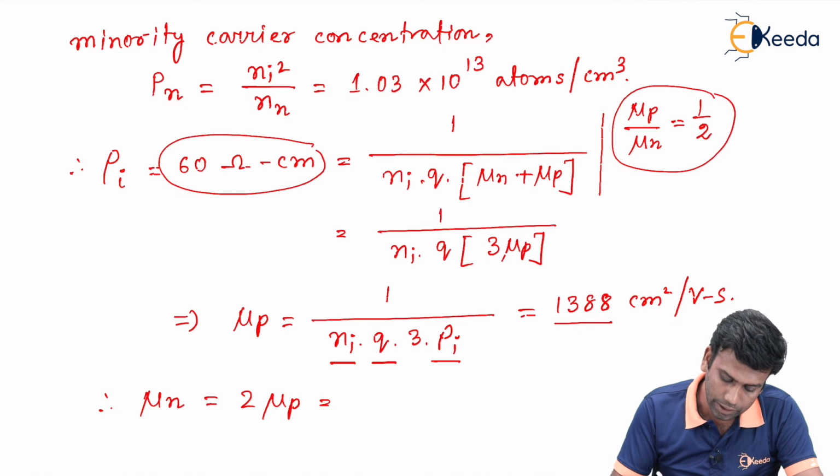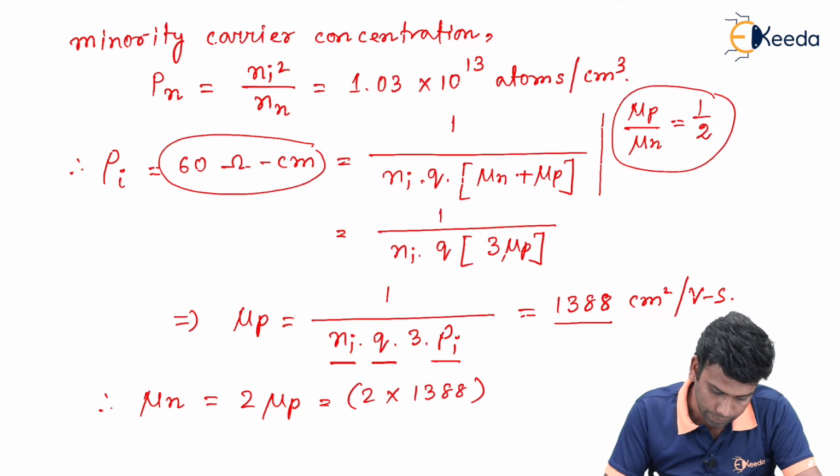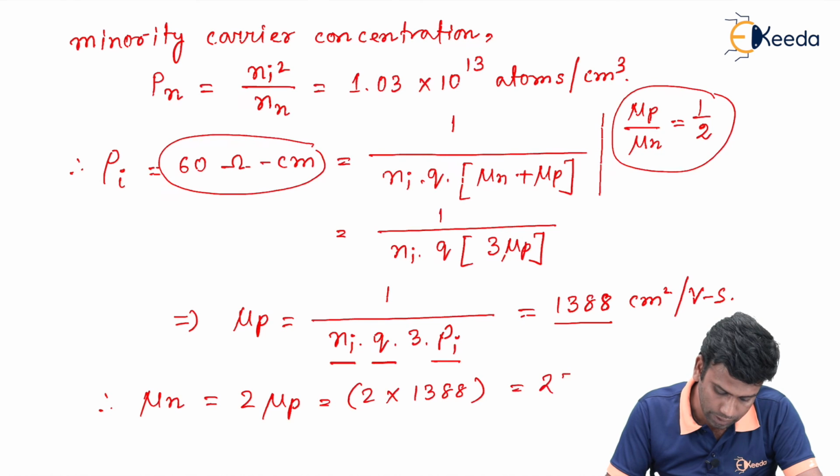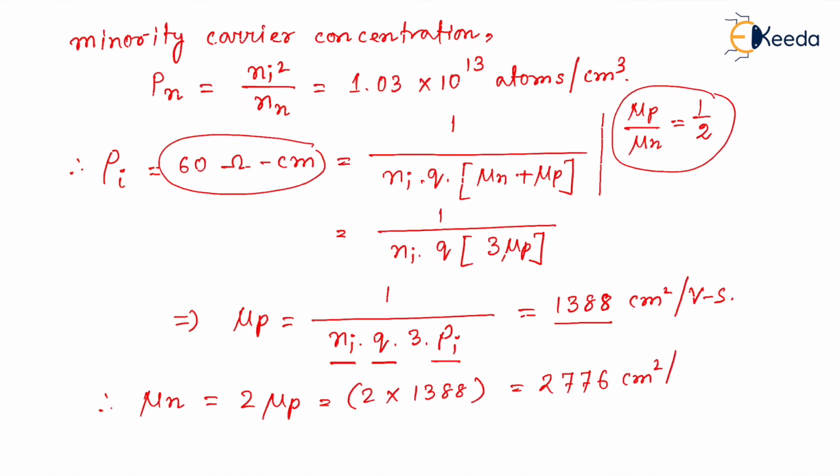So it is 2 into 1388, that is 2776 centimeter square per volt second. Now we have got the values of mu n and mu p, so we can calculate the conduction current density.